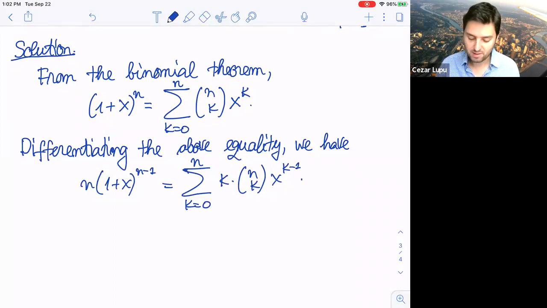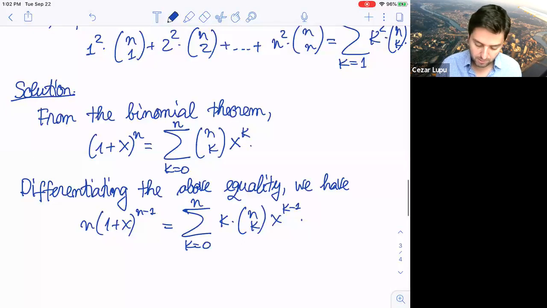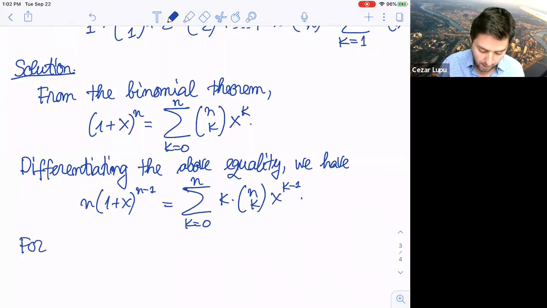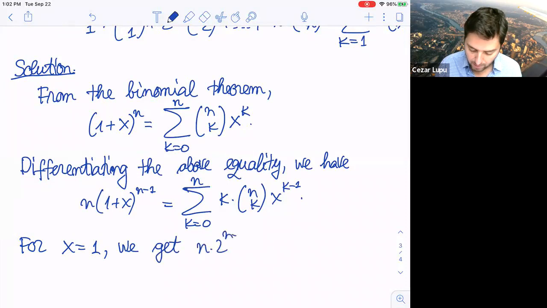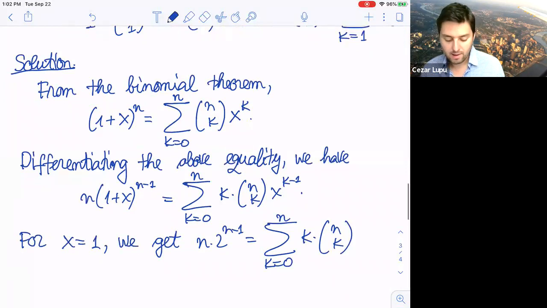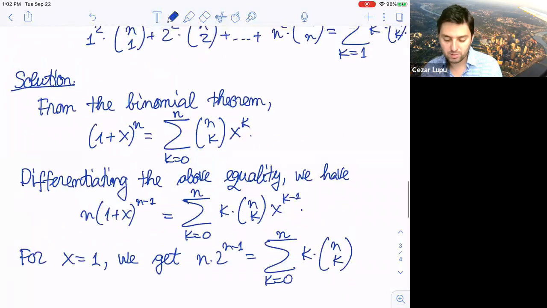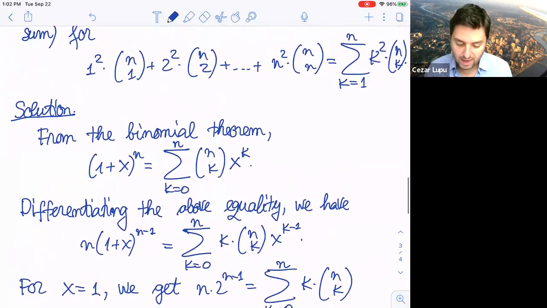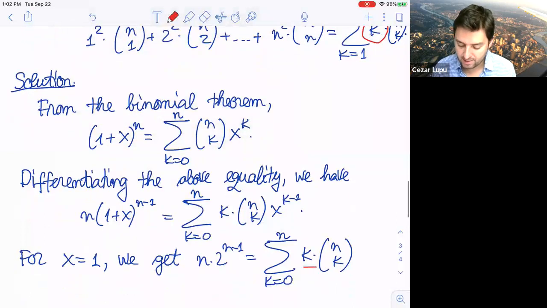For x equals 1, for example, we get that n times 2 to the power n minus 1 is the sum from k equals 0 to n of k times n choose k, which is n times 2 to the power n minus 1. But you see, I'm not interested in that. I have a k squared there. Look at this guy. This is not the same as this guy.